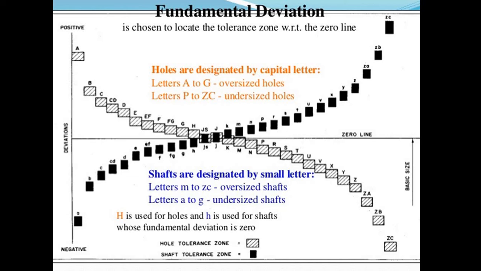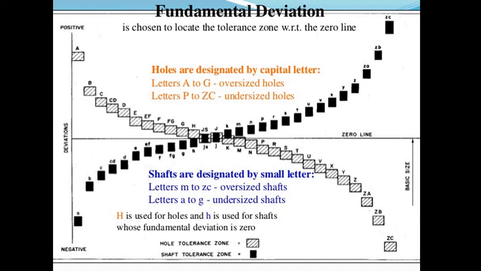Similar to the holes, shafts are designated by small letters. You can see small letters a, b, c, d like this. This is an exact mirror of these blocks, which are shown as solid filled black.